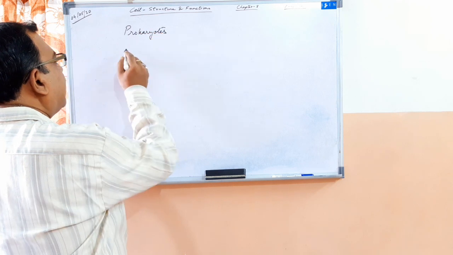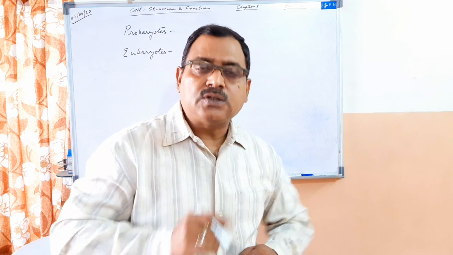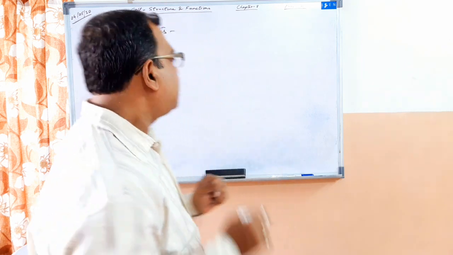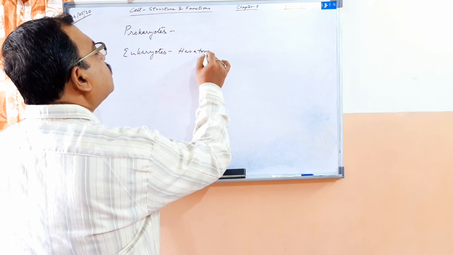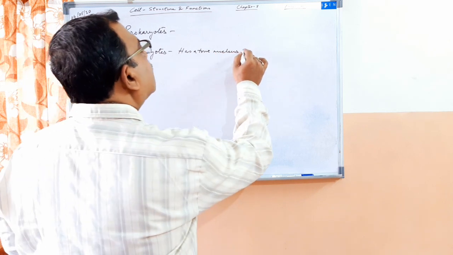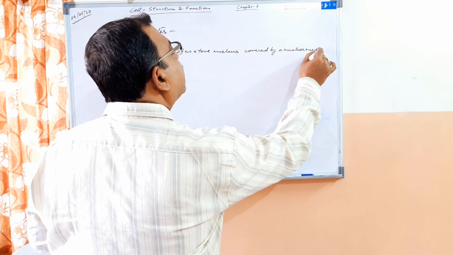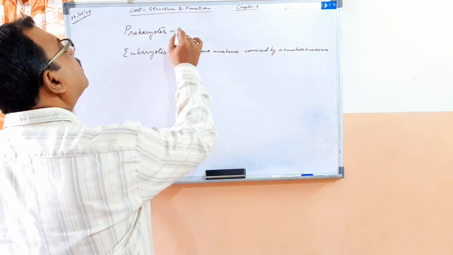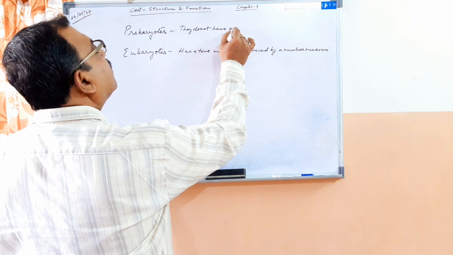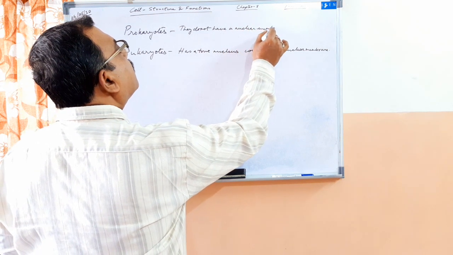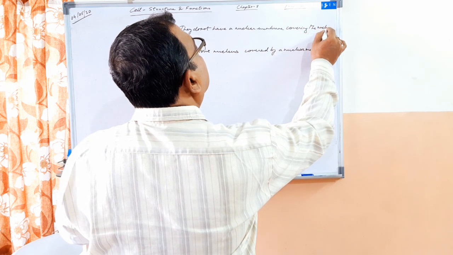Eukaryotes are those organisms which have a true nucleus, covered by a nuclear membrane, whereas prokaryotes are those which do not have a nuclear membrane covering the nucleus.